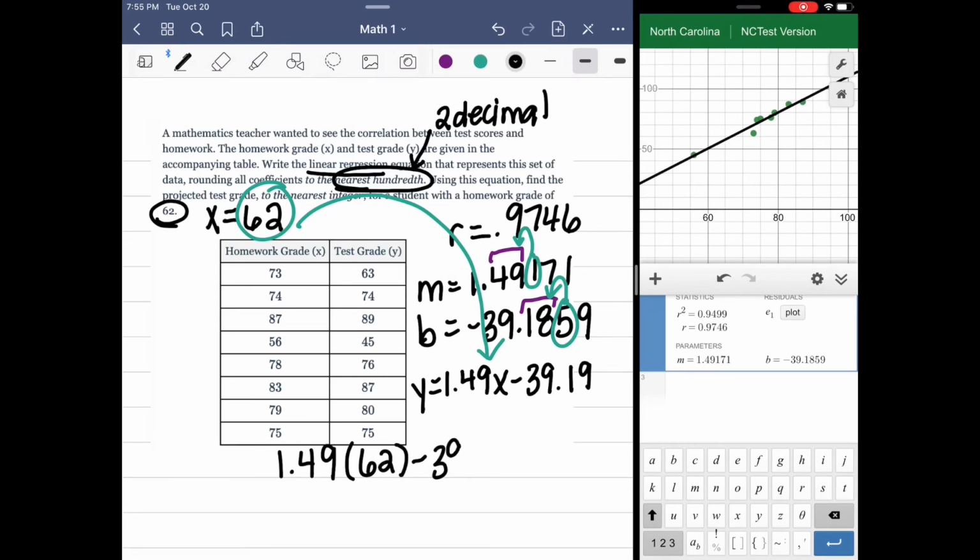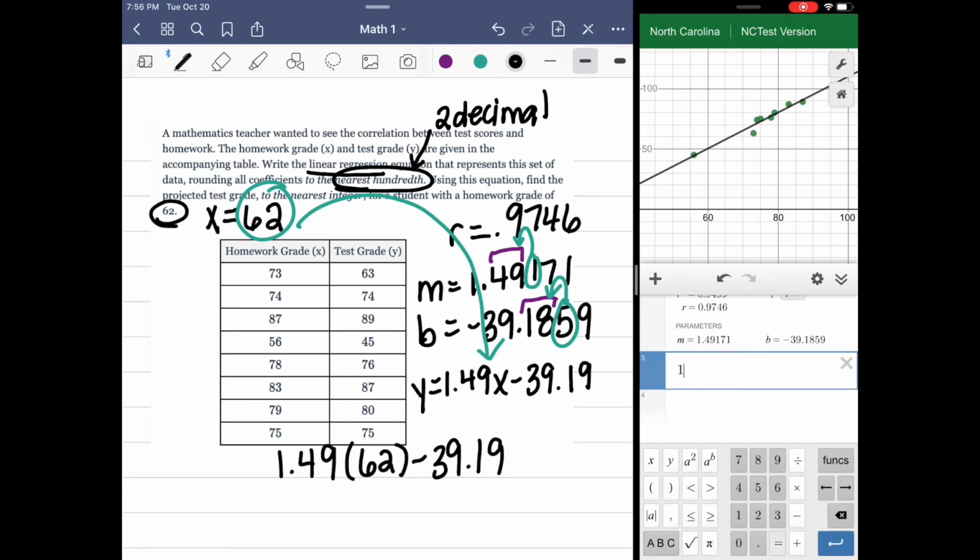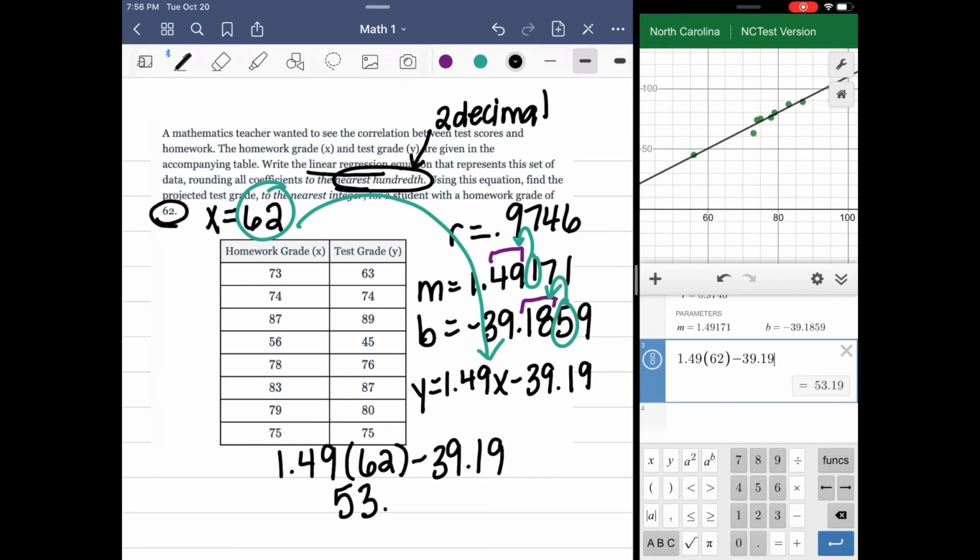So we have 1.49 times 62 minus 39.19. All right, and we get approximately 53.19, so we're going to round that to a test grade of a 53.